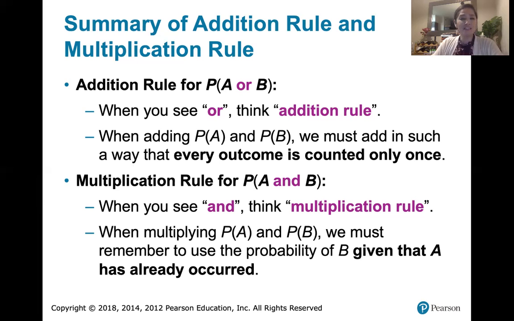If event A occurring affects the probability of B, we say that the events are dependent and that probability of B needs to be modified just a bit. We need to assume that A has already occurred, and then we say, okay, given that A has occurred, what is the probability of B? And we talked about that in the last video. So that's the addition rule and the multiplication rule. And I will see you in the next lesson.